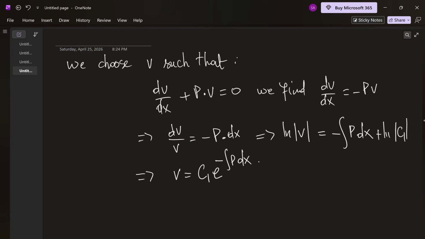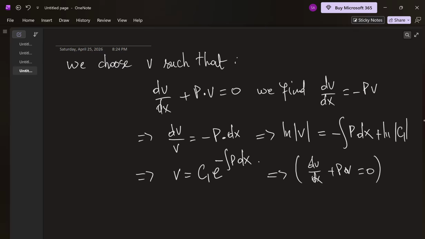Okay, next, so we have all of these choices, which implies that dv over dx plus p times v is equal to 0.